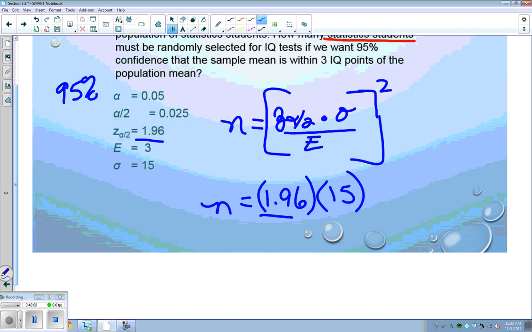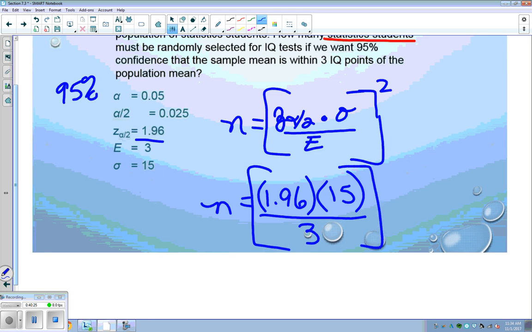We're going to divide that by the margin of error, and it tells me my margin of error is 3 points, not 3 percentage points, but 3 points of the IQ score. So I'm going to put 3 here.